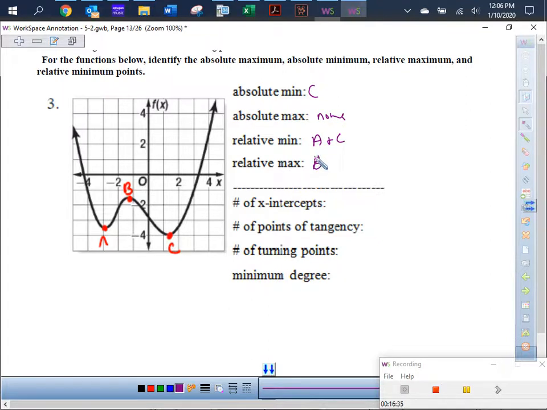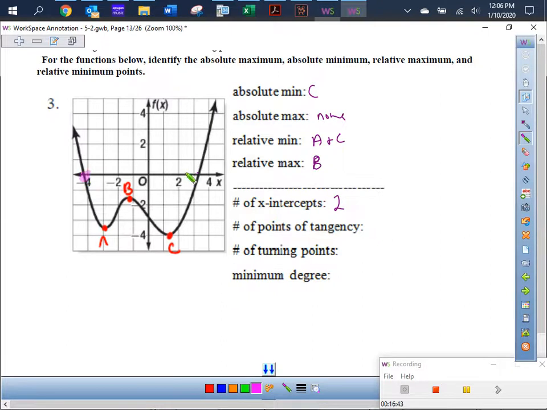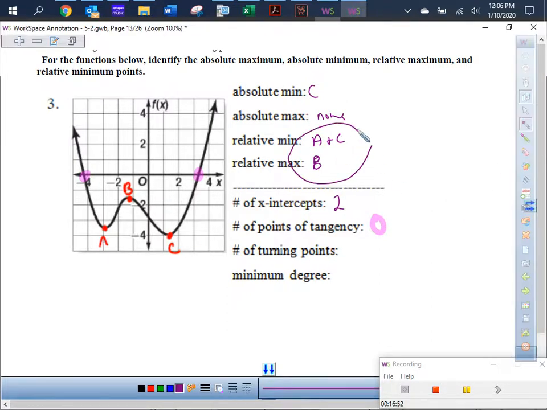Sorry, my pen freaked out there. Number of x-intercepts, boom, boom, those two. Were any of them points of tangency? Nope. This crossed over the x-axis, and this crossed over the x-axis, so that didn't work. Number of turning points, we can go count them if we want to, but it's just these 3 right here.